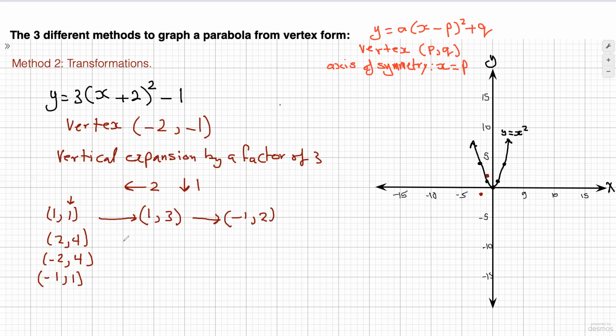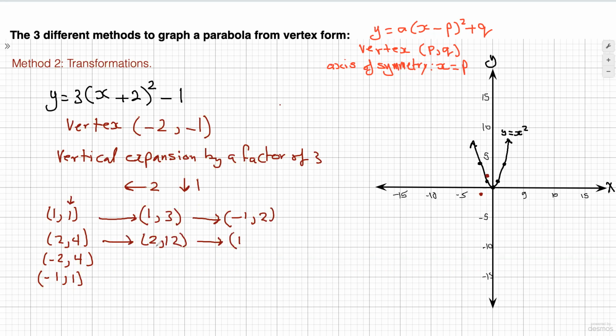Now let's go to this point right here. Now, when you multiply, as we said, you multiply the y value by the factor of 3. So that gives you 2 and 12. And then if you move left 1, you take away 1 from the 2. So that's 1.